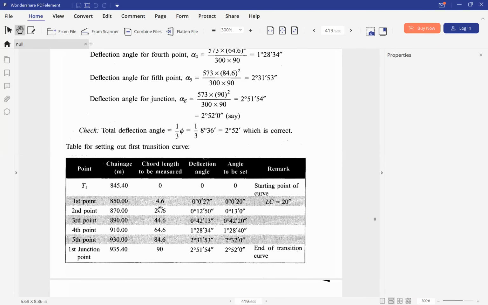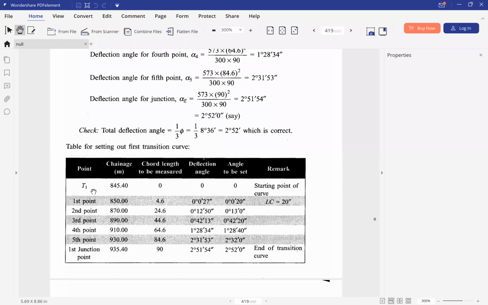Then we need to prepare the setting out table for the transition curve. For that, the first column is the point, that is T1. The second is the chainage. Third is the chord length to be measured. Then we have deflection angles, and then the angle to be set. Remember I told you that there is no need to calculate the cumulative deflection angle because we are already taking the cumulative lengths.